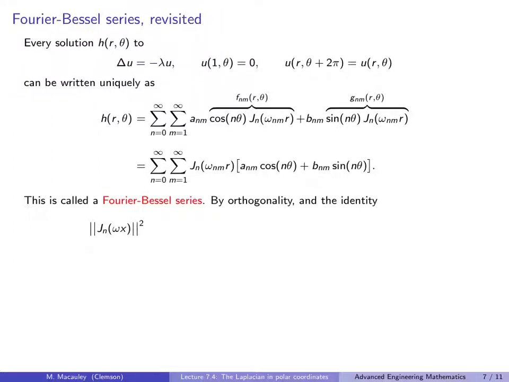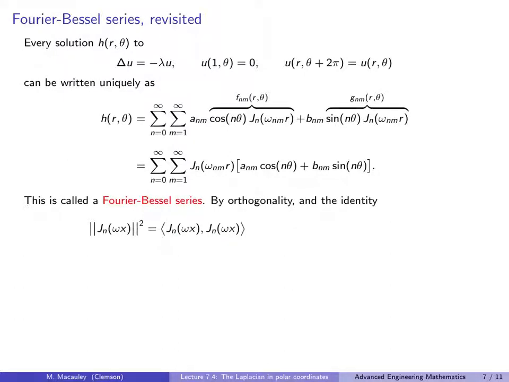By orthogonality of these eigenfunctions, due to Sturm-Liouville theory, and the identity that I did not tell you about earlier because, frankly, I forgot about it: if you take this function, J_n of omega x, and compute its norm squared, which by definition is the inner product of this Bessel function with itself.